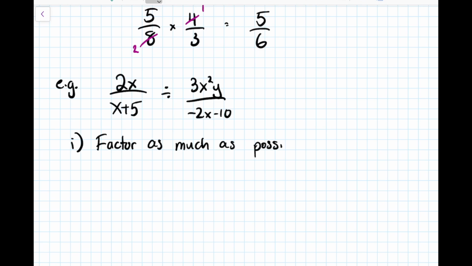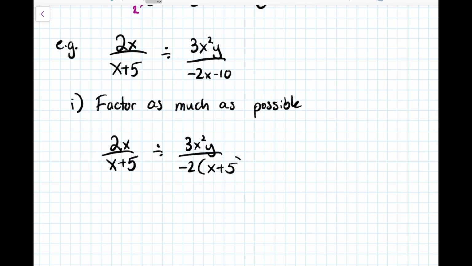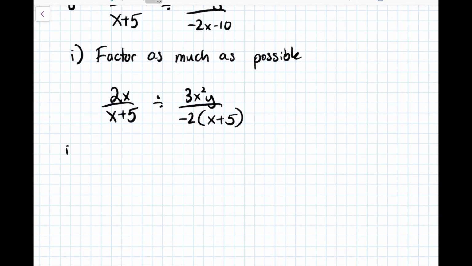But just trust me, you want to start by factoring. So in this case, the 2x and the x plus 5, there's nothing we can do there. The 3x squared y, nothing going on there. But the negative 2x minus 10, we can take out a negative 2, which is going to leave us with x plus 5. All right, now that we've factored, we can do our flipping to get our reciprocal and multiply.